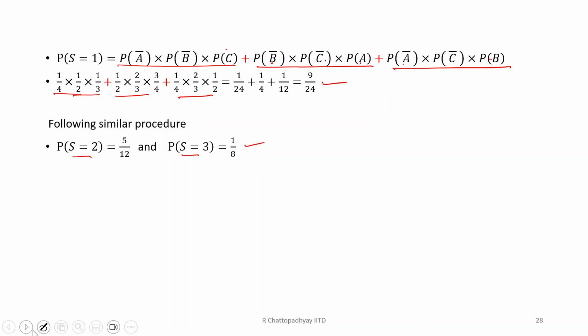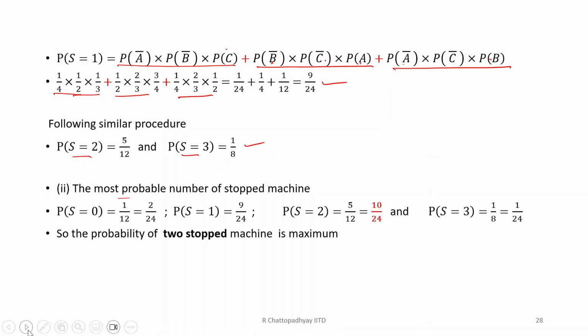So PS 0, 1, 2 all have been calculated, and we look for the highest value, the most probable number of stopped machines. PS0 is 2 by 24, PS1 is 9 by 24, PS2 equal to 5 by 12, that is 10 by 24, PS3 equal to 1 upon 8, that means 3 upon 24. We are keeping the denominator exactly the same.